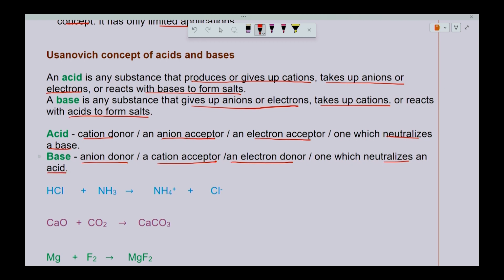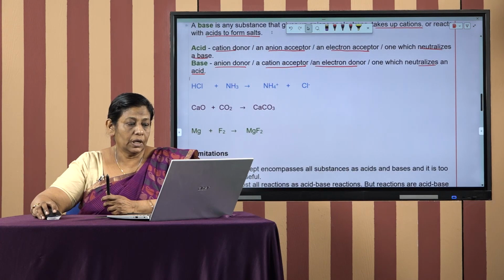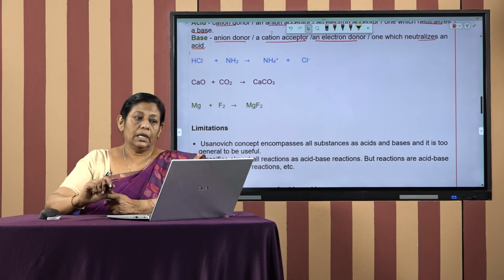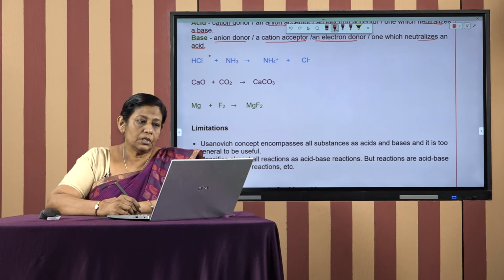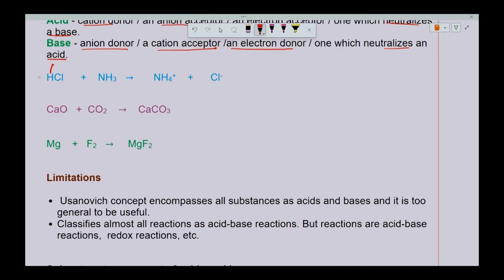Now let us see the examples. Here you can see that it is HCl reacting with ammonia. We have already seen this reaction. Here HCl donates an H+ ion to form ammonium ion, and chloride ion is formed.